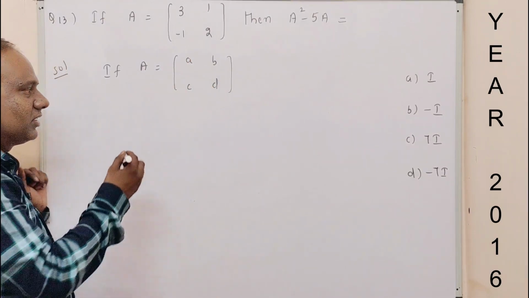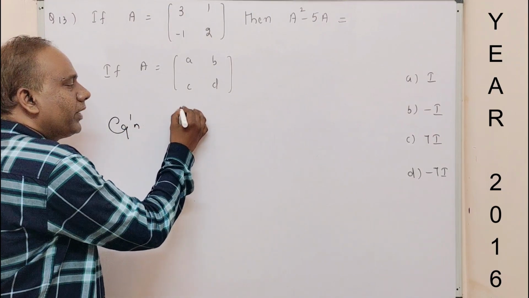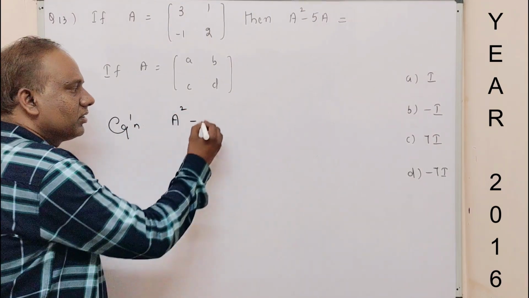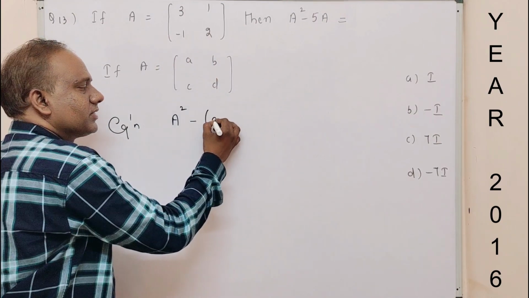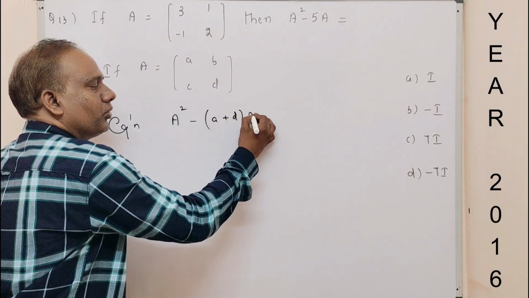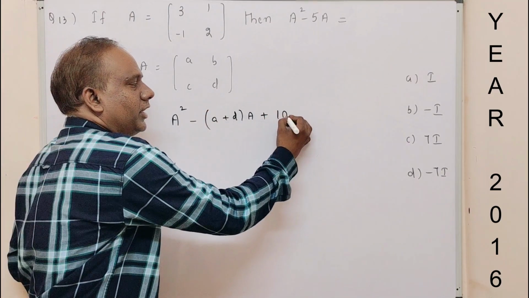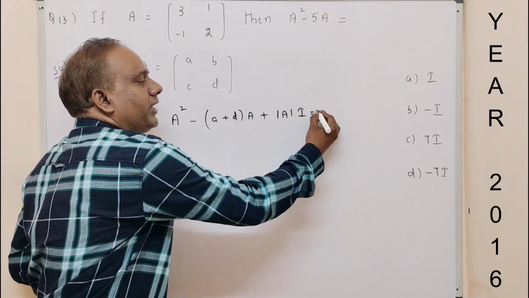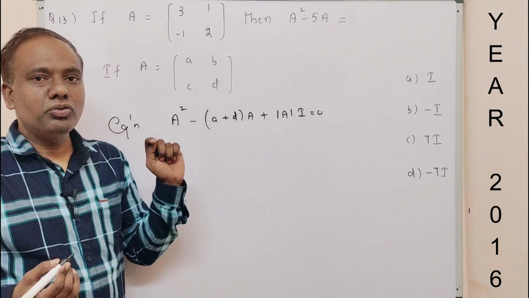In this case, the equation for a 2 by 2 matrix is A square minus the sum of the diagonal elements, that is (a plus d) into A, plus determinant of A into I equal to 0. It is the general equation for a 2 by 2 matrix.